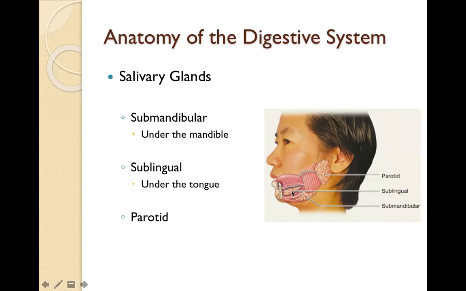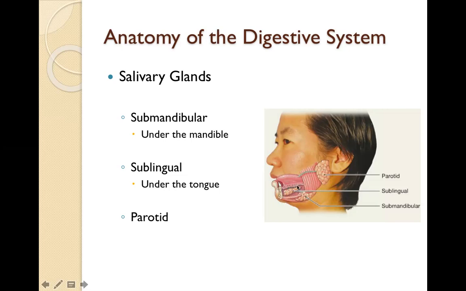And so those major types of salivary glands, the largest one is actually right by our ear, and it's called the parotid gland. It's the largest of the salivary glands. We have a submandibular gland, which, as its name implies, is under the lower jawbone or the mandible.